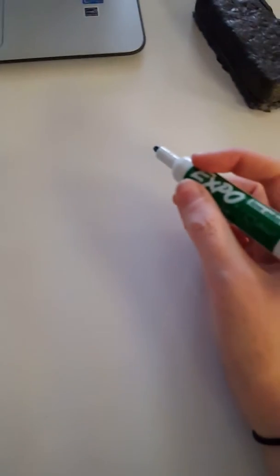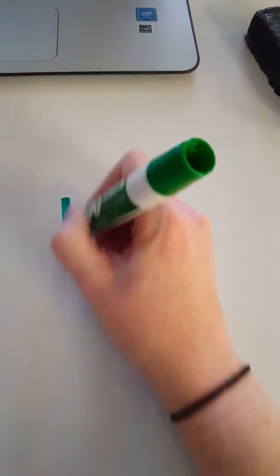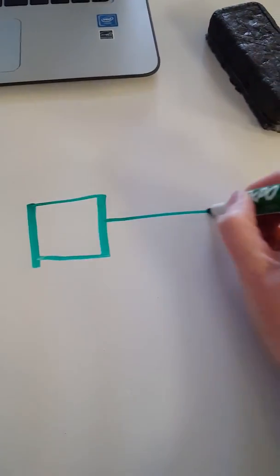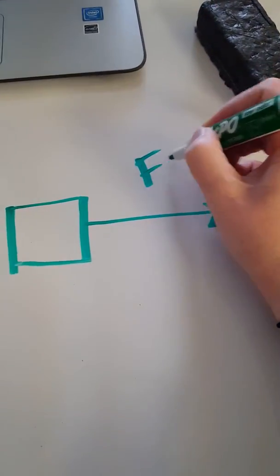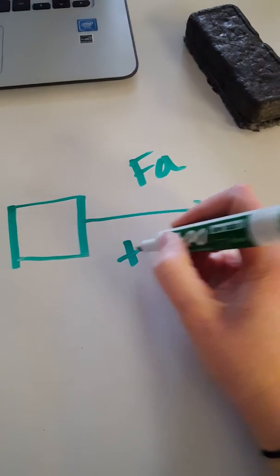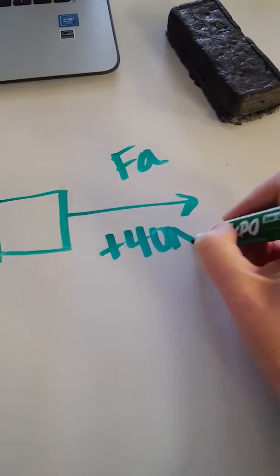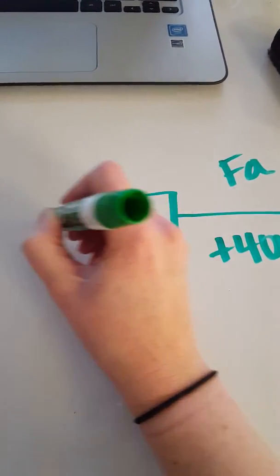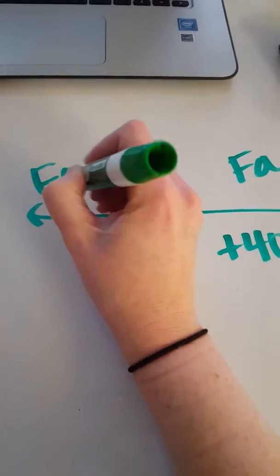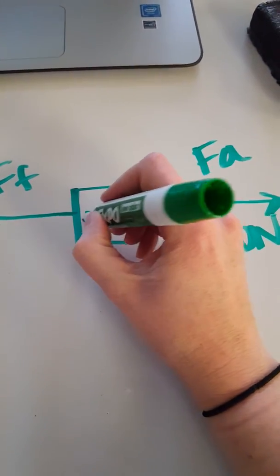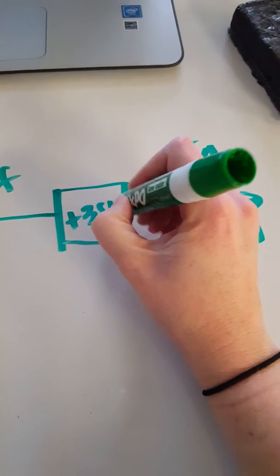Now, the last piece of this objective says that you need to calculate friction from force diagrams. So, here's a scenario. I have an object. Let's say the applied force is in the positive direction with 40 newtons. We don't know what the frictional force is, but we do know that the net force is positive 35 newtons.